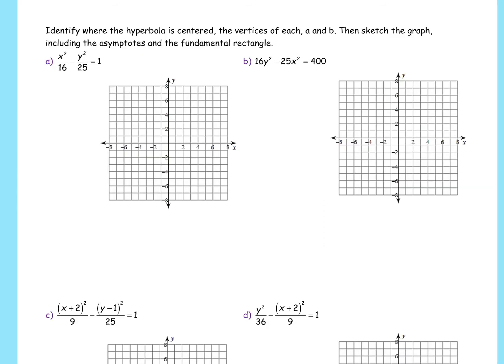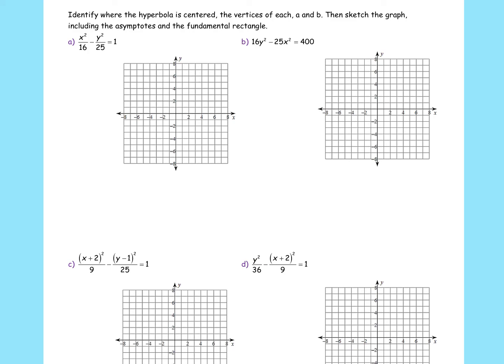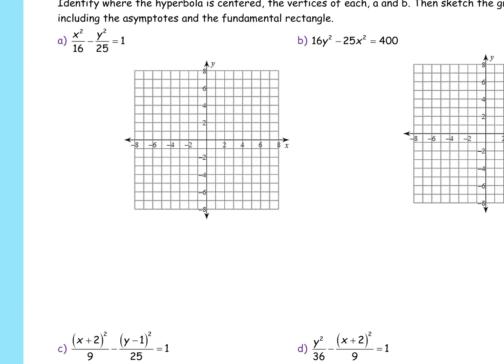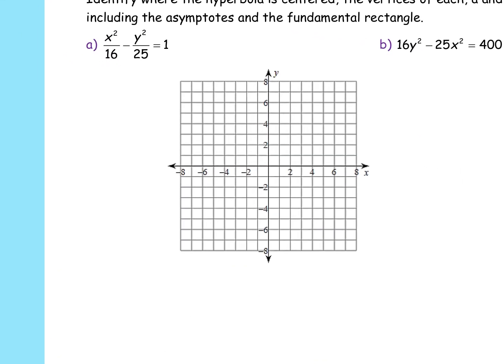Okay, and the page, I think it's your turn to try. Awesome, go for it. Maybe it'll let me write here. So my center is at (0, 0). A is 4, B is 5. So 4 that way, 4 that way, 5, 5.